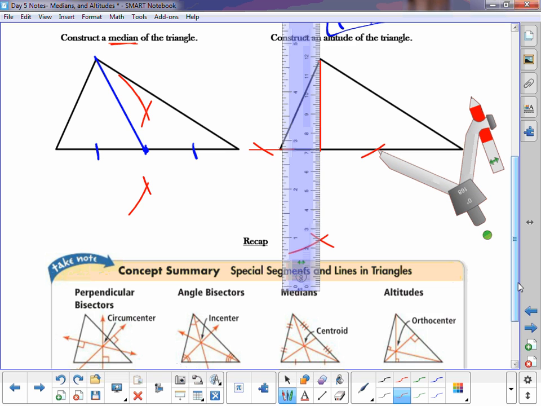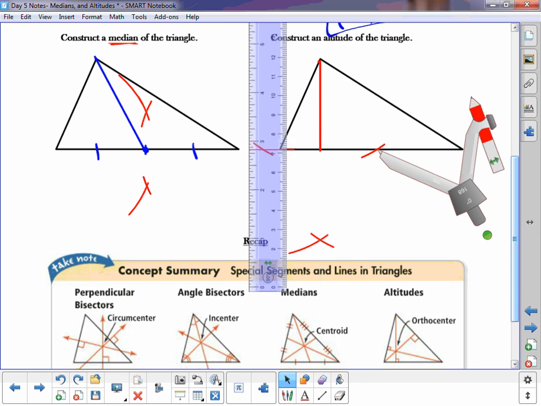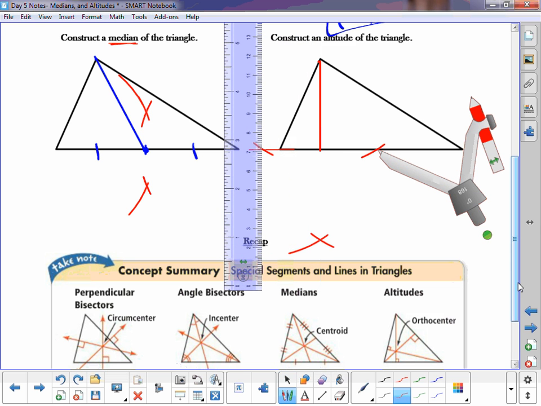You're welcome to draw in the whole thing if you want, but it's not necessary because my altitude is just going from the vertex to the opposite side. And once again, go ahead and mark that it is perfect. Questions with that?